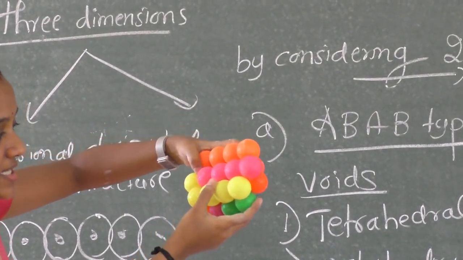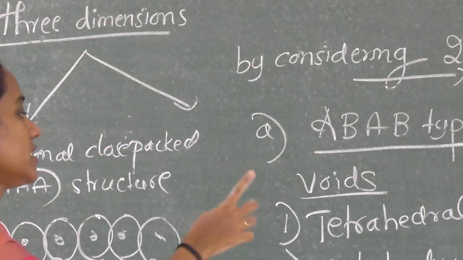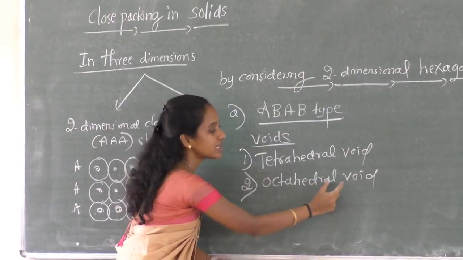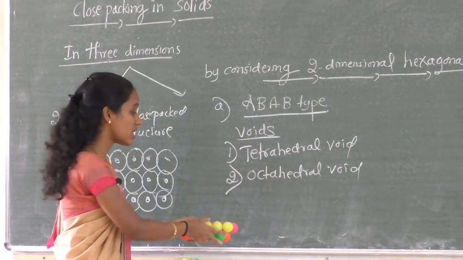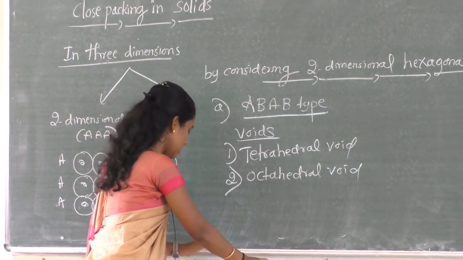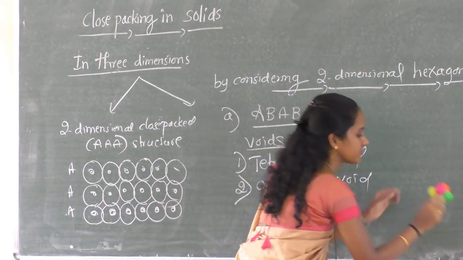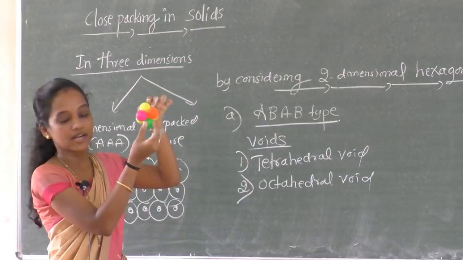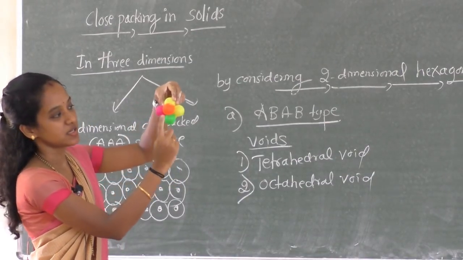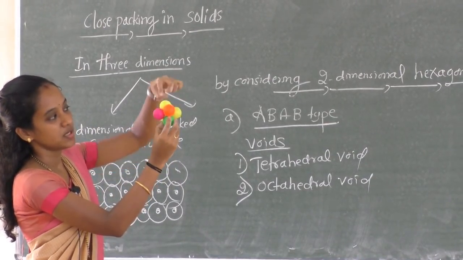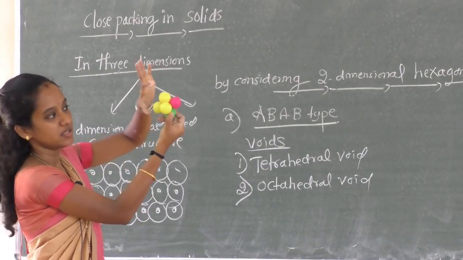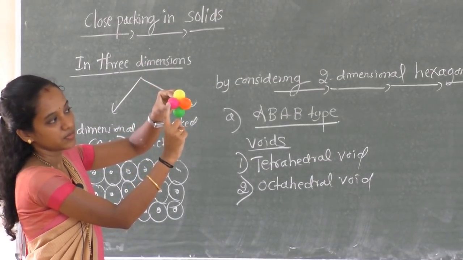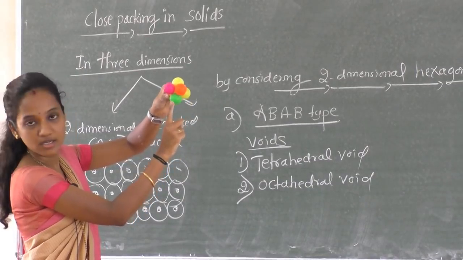Similarly, at the same time, there is one more type of void created, that is called octahedral void. See, what is this octahedral void? You just see here there are 6 spheres: 1, 2, 3, 4, 5, 6. 3 yellow colored spheres, this one, this and this.